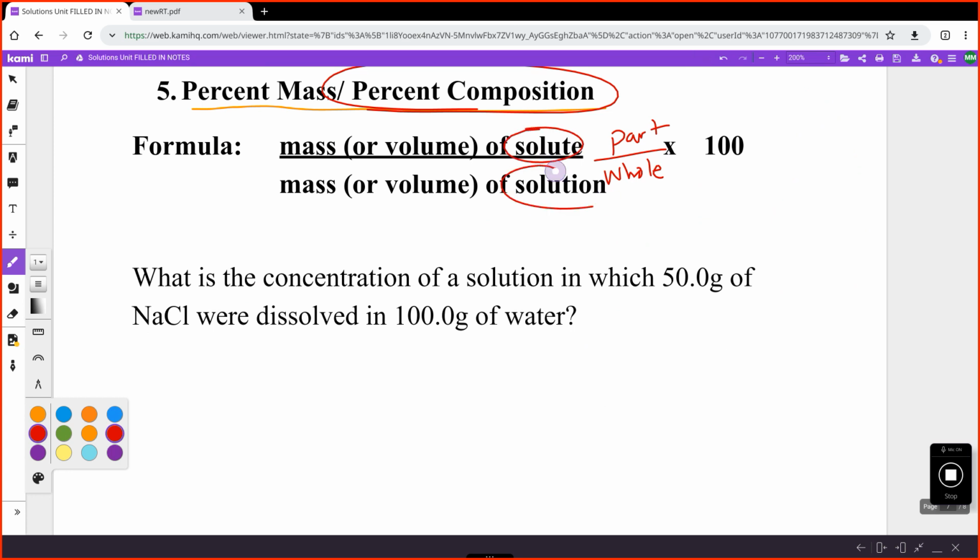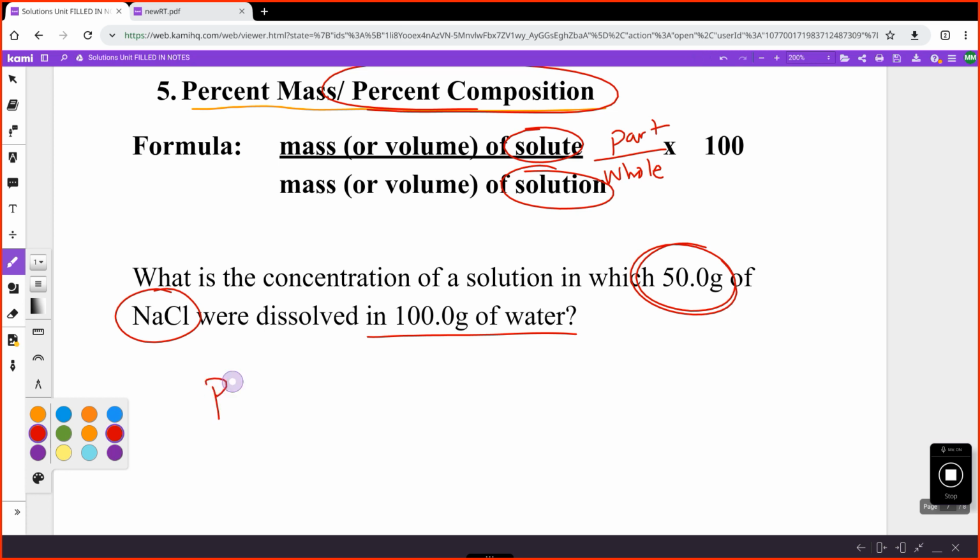The whole thing is obviously the whole solution. So watch this. There is a little trick here that people get messed up on, so pay attention. What is the concentration of a solution where we're taking 50 grams of a solute and we're putting it into 100 grams of water? What is the percent composition?